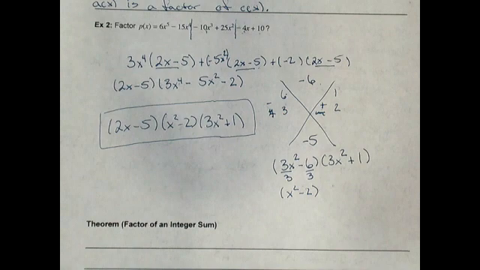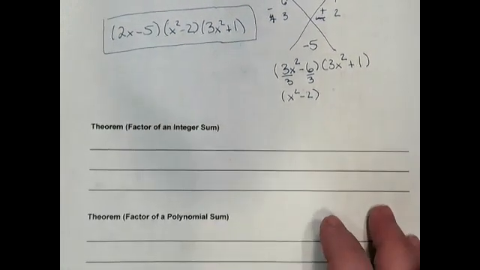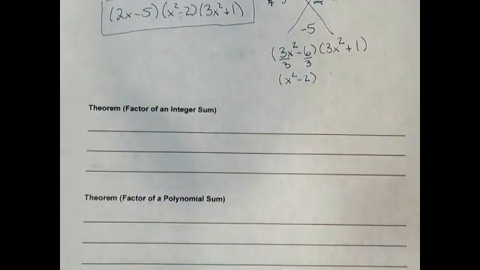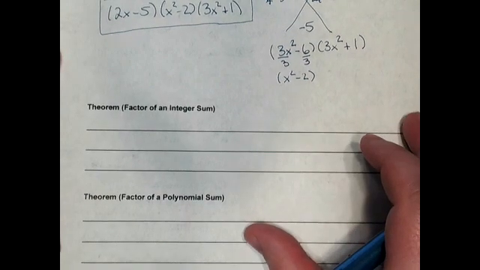Okay, we've got 2 theorems to wrap up this lesson, and then we are done. So we've got the factor of an integer sum is our first of these last 2 theorems.